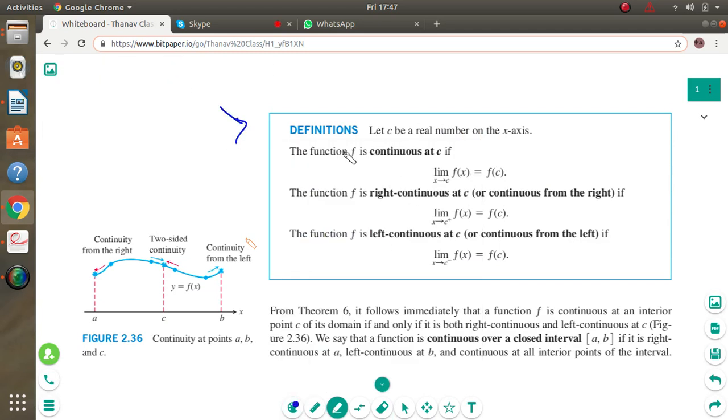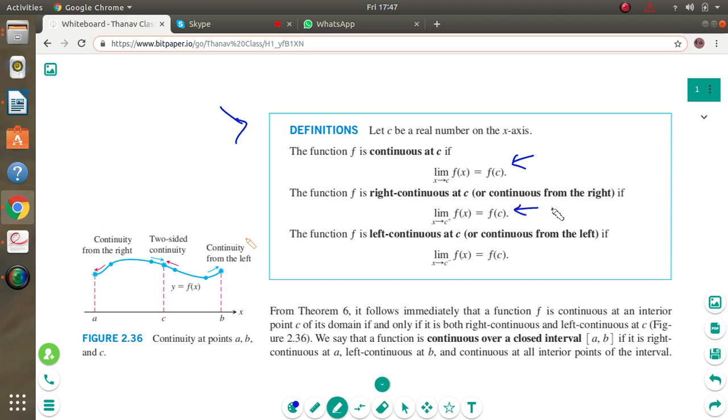So, the definition here: the function f is continuous at c if limit x tends to c of f(x) is equal to f(c). The function f is right continuous at c, or continuous from the right, if limit x tends to c plus of f(x) is equal to f(c).